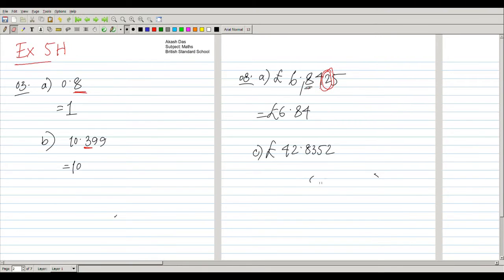Okay, for this one we can see the thousandths place, and the value of the thousandths place is 5. So as this one is 5, it will round up. So the value should be 42.84.